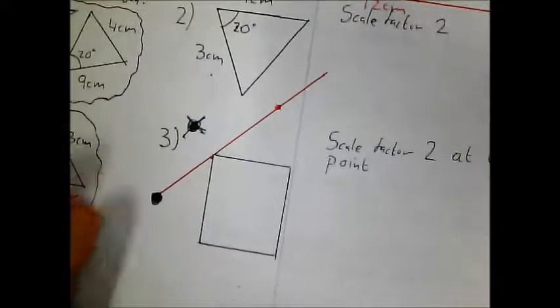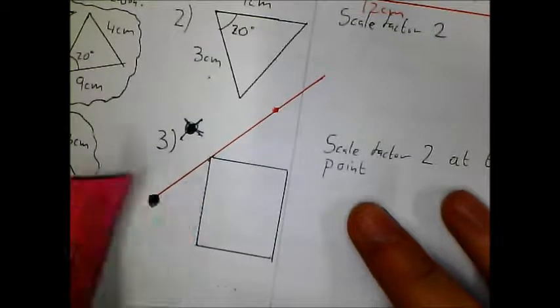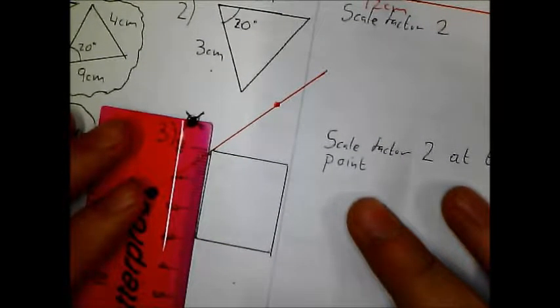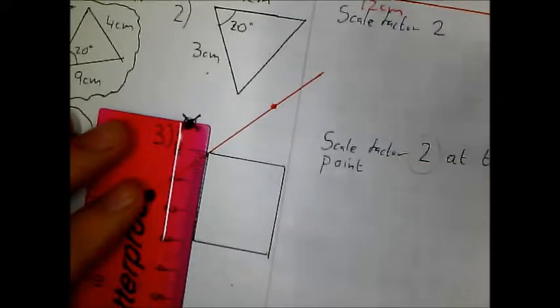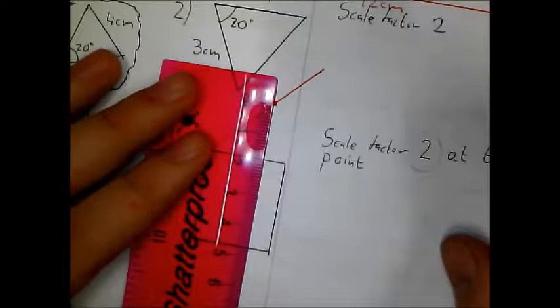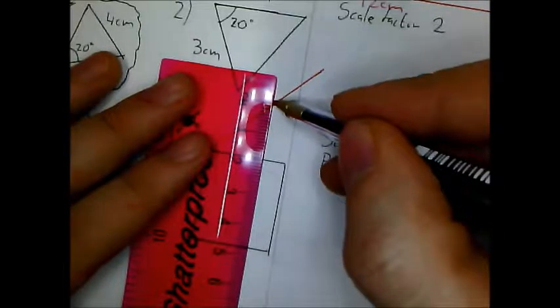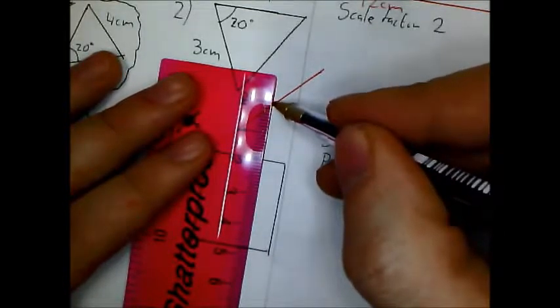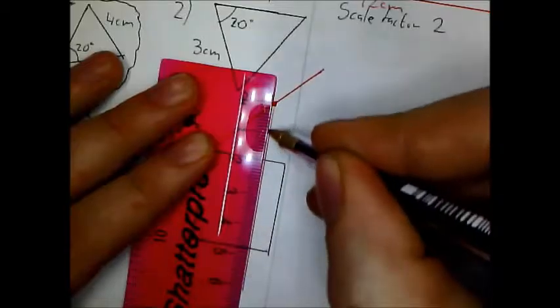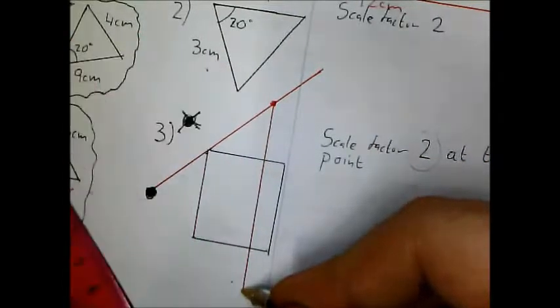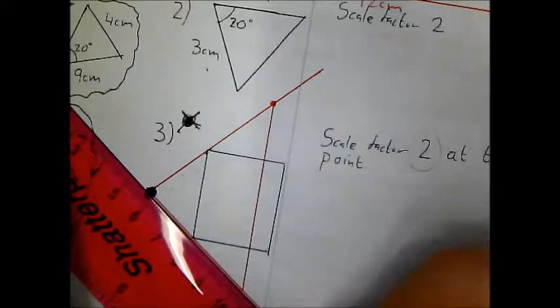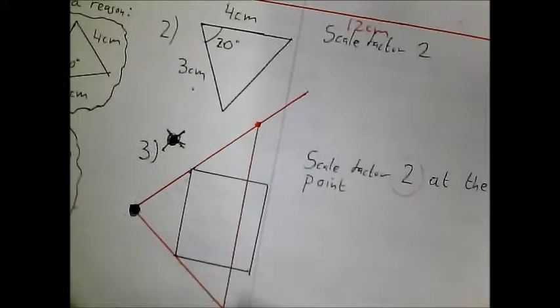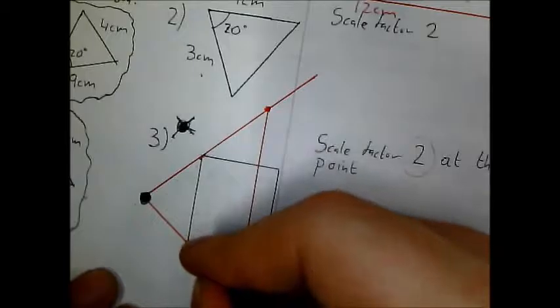Okay. So now I'm going to measure this distance here, and that's 3 centimeters. So I'm going to enlarge that by a scale factor of 2. And that's now going to be 6 centimeters. Now if I've done this correctly, these points should meet up, which they do. So I've got both of these points.